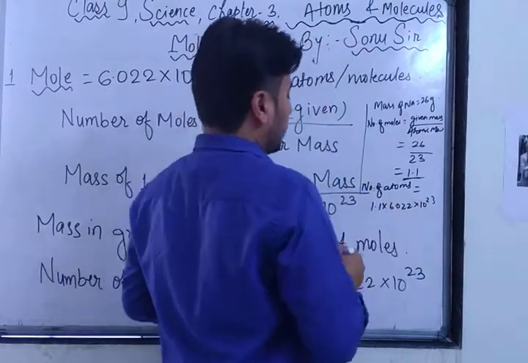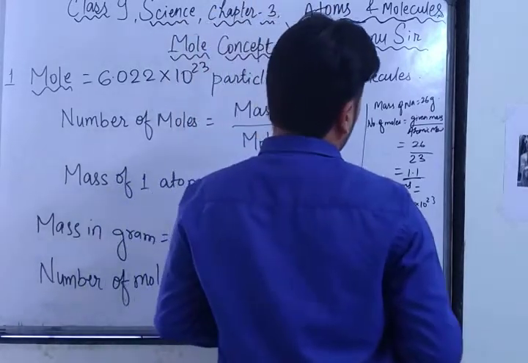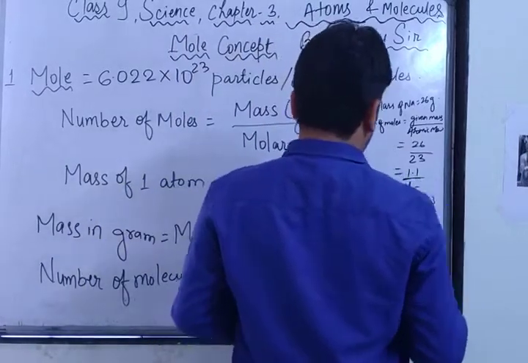So what will be the value? 6.022 into 10 to the power 23 multiplied by 11 divided by 10.